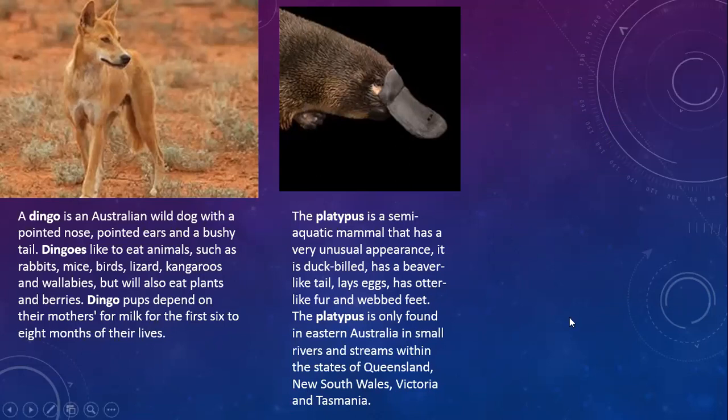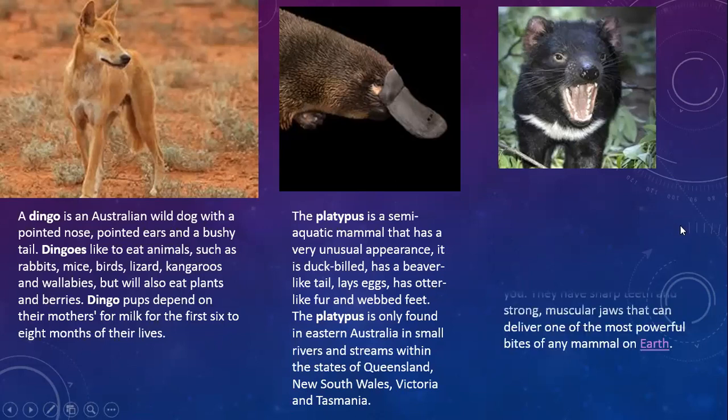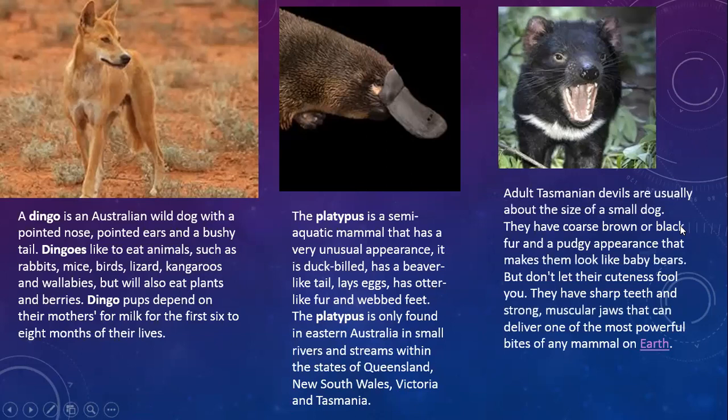Okay, this is the last animal we're going to talk about for Australia, and then we'll jump into something else. So what animal is that, do you guys think? Looks kind of scary. This is a Tasmanian devil. Adult Tasmanian devils are usually about the size of a small dog.